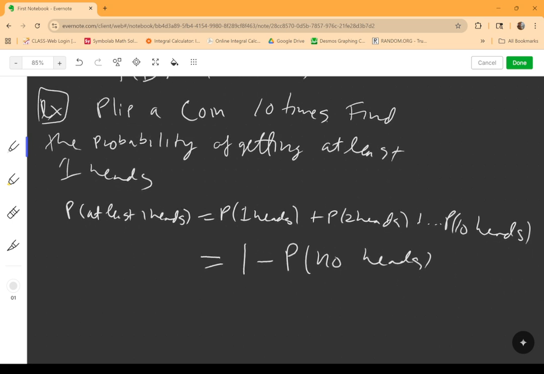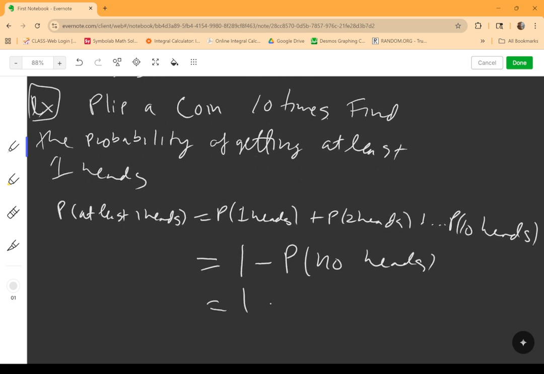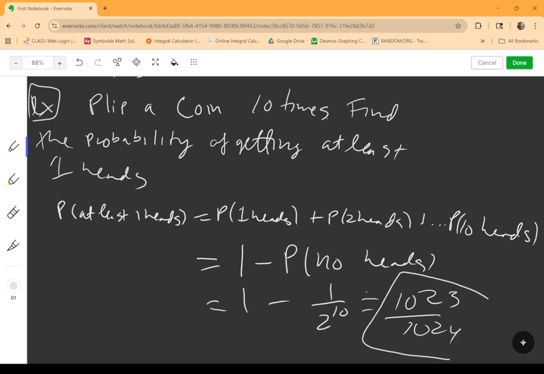That happens exactly one way out of 2 to the 10 different outcomes. Simplifying, that's 1024, so we get 1023 over 1024.